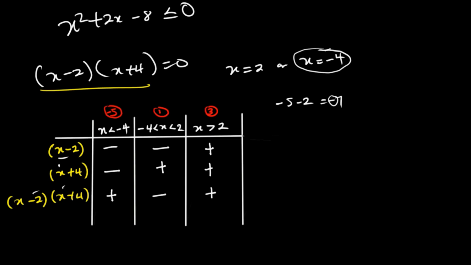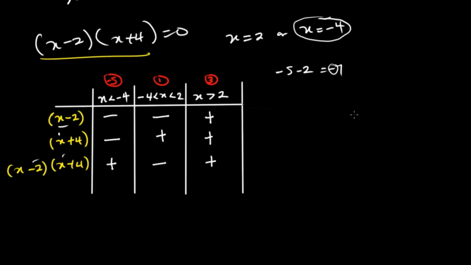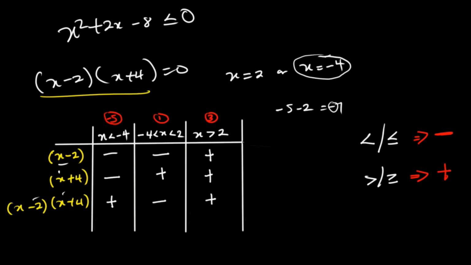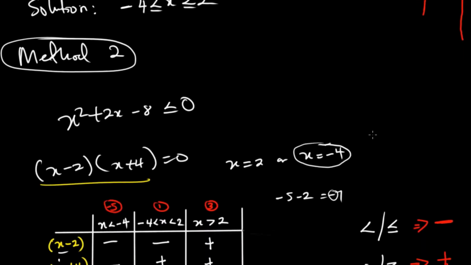So now, just like I discussed the other time, whenever we have less than, or less than or equal to, this is mapped to negative. And whenever you have greater than or equal to, this is mapped to positive. So if I check the question, what I have here is less than or equal to.